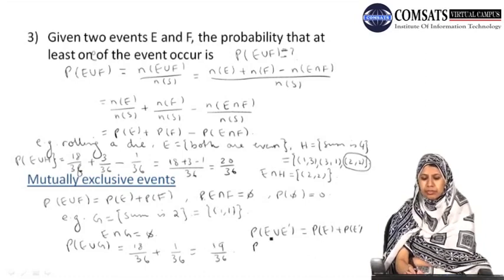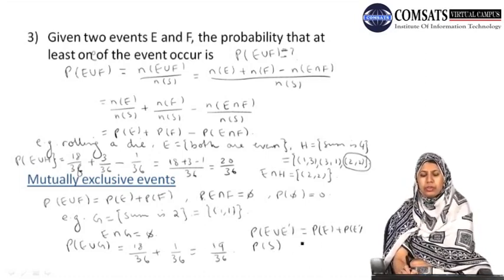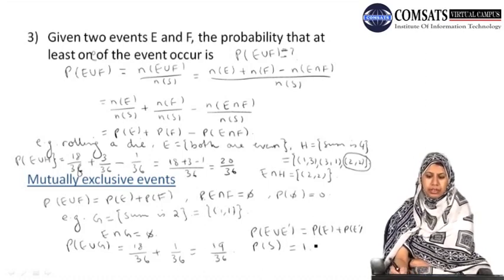And since we know that E union E complement is nothing but our sample space from the properties of the union and events, and we know that whenever the event is the sample space, that is the certain event, in this case the probability is equal to 1.